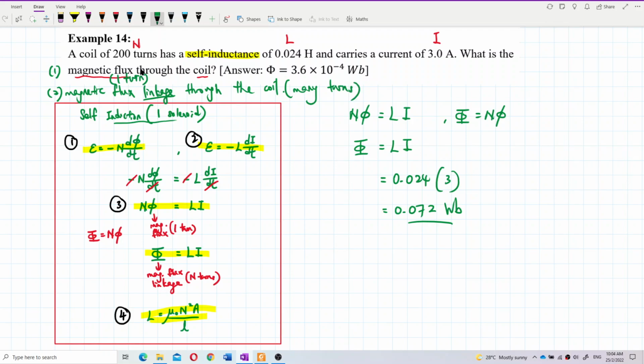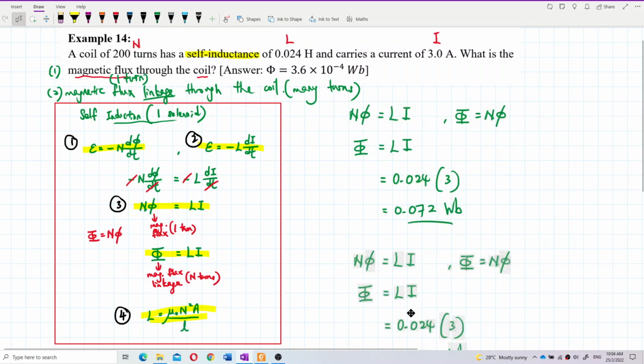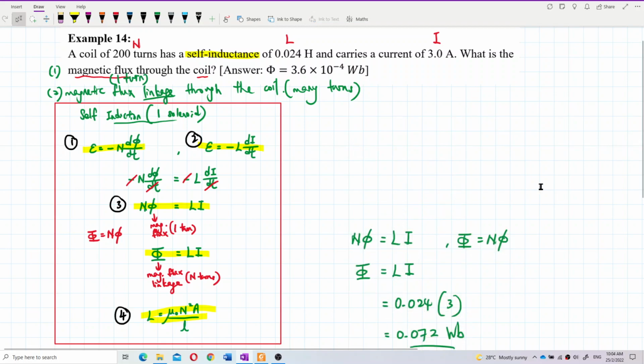Understand? Okay, so right now I want to do both questions. If the first question asks about magnetic flux through the coil, that only refers to one turn. What I did just now was for many turns, which is question 2. For question 1, talking about magnetic flux through the coil, you find only the flux phi.